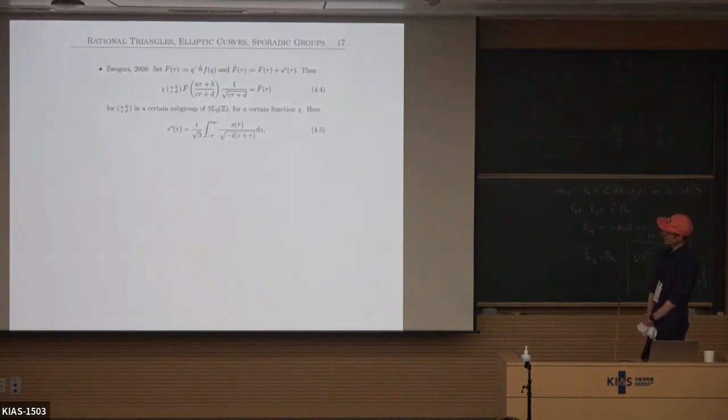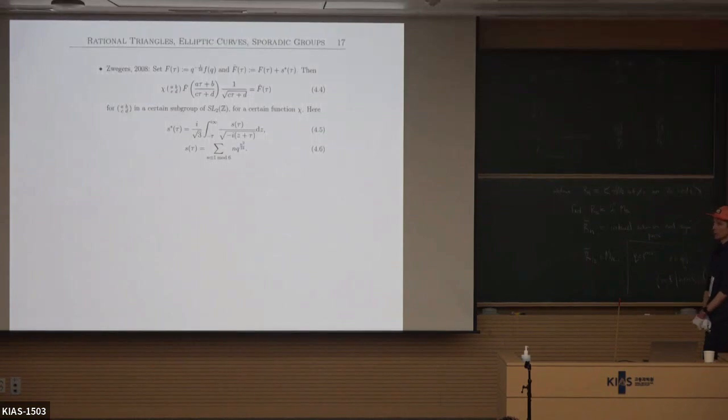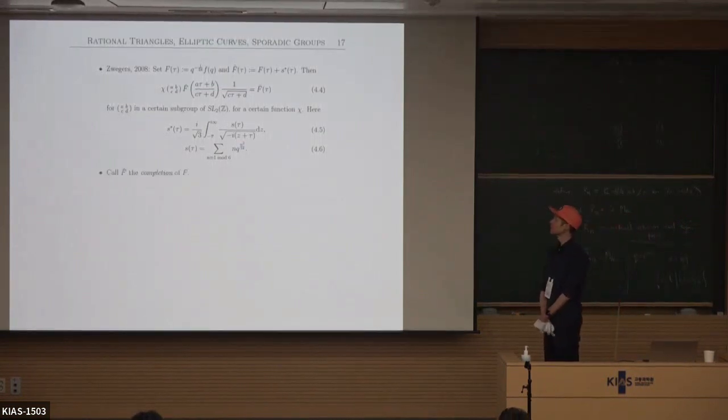Here's the correction term. It's some integral of S of t, where S of t is something we would call an ordinary theta function, or S of t is an honest modular form of weight 3/2.